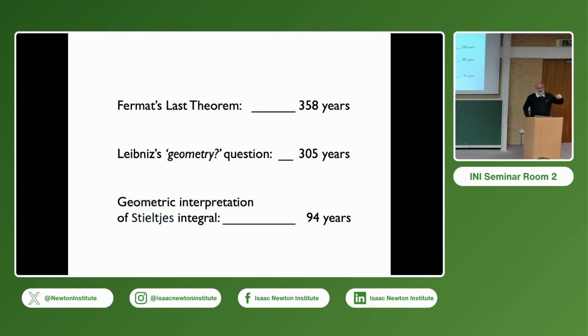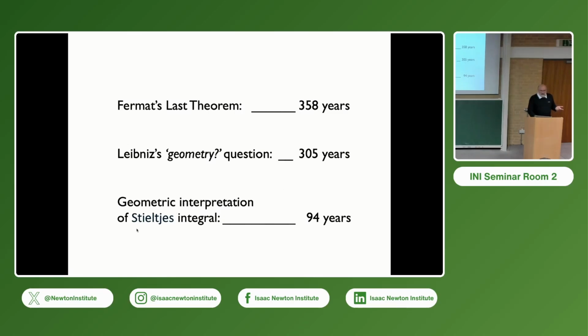Here at Newton Institute, you could see that green board behind the glass here, Andrew Wiles, and this some anniversary of his proof of the Fermat Last Theorem. That resisted for 358 years. The Leibniz geometry question had to wait for 305 years until I provided something for that.